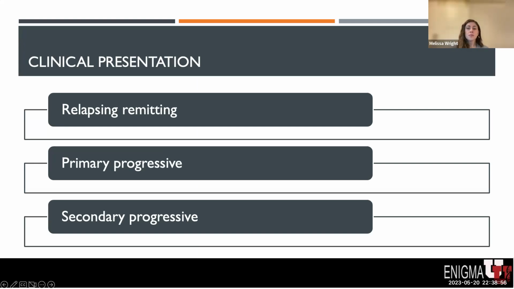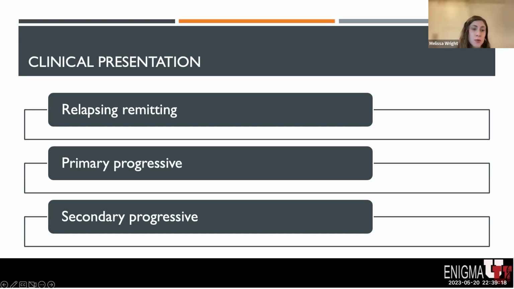In the clinical presentation of MS, most patients don't present with all these symptoms that I discussed on the previous slide all at once, but may develop multiple symptoms with time. Multiple sclerosis typically follows one of three different patterns of clinical course.